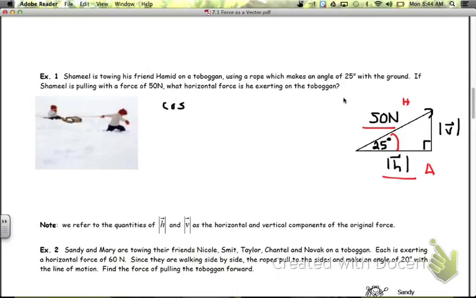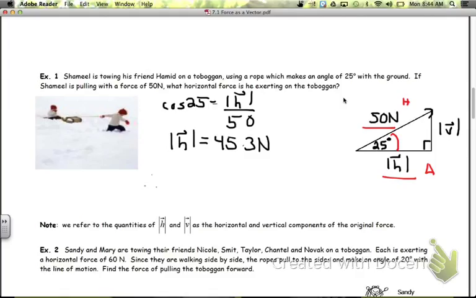So we're going to do cos 25 is equal to our horizontal force over 50. Now when we rearrange, bring that 50 up and multiply it by our cos 25, we get that our horizontal force here is 45.3 newtons. And that's all we need to do. And I'll obviously follow it up with a therefore statement.